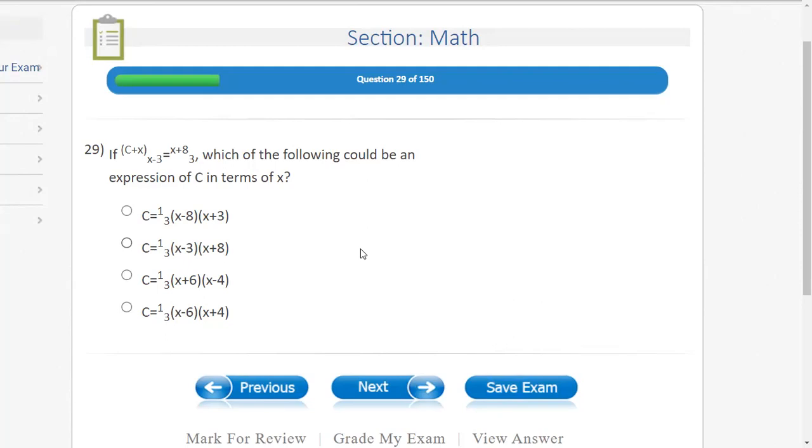So C should be... okay, I'm not sure about this one.